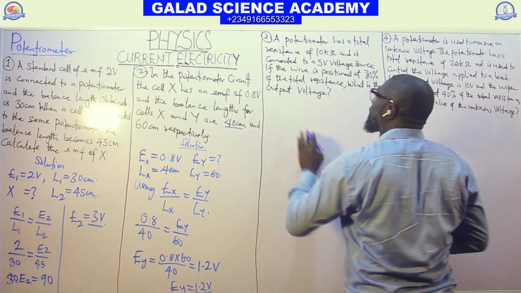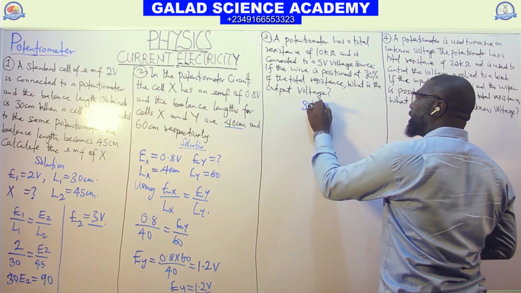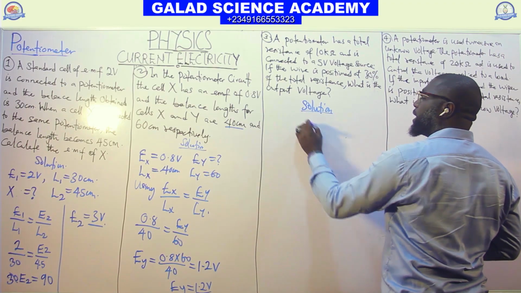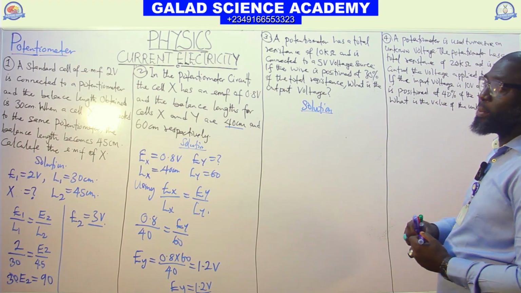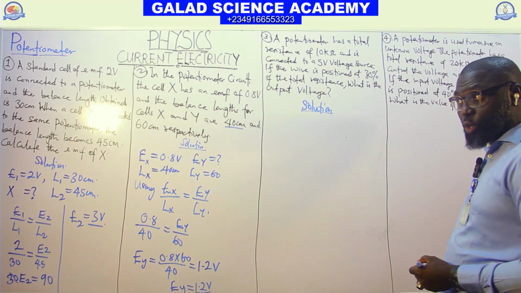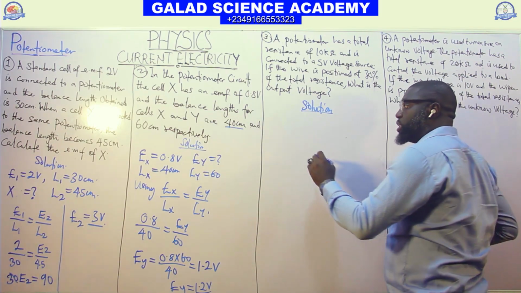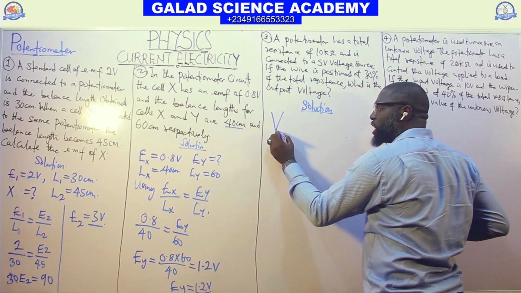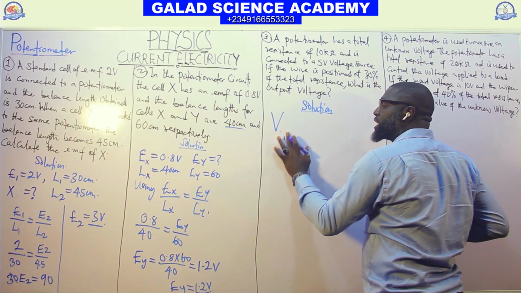This question is an exceptional case. Yes, I forgot to explain the principle. I'll just give you the words here. Just like we applied the voltage divider rule, for this kind of question, this is the formula that you'll be using. We call it voltage input and voltage output.